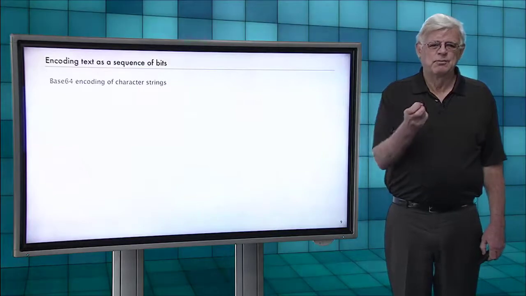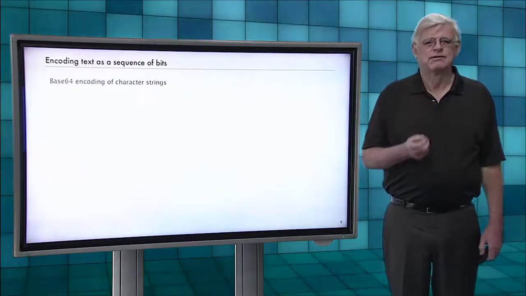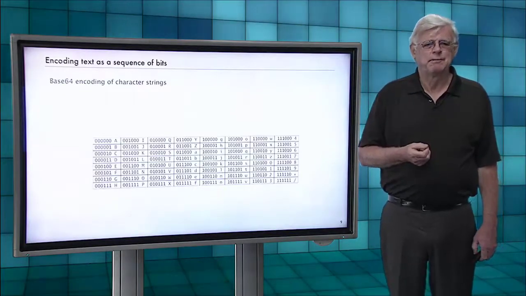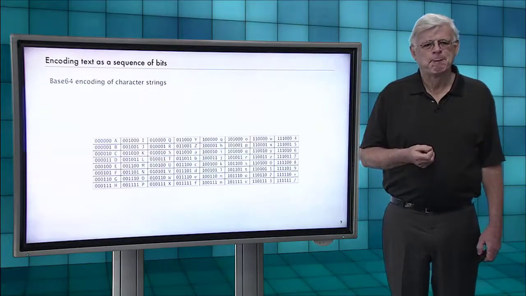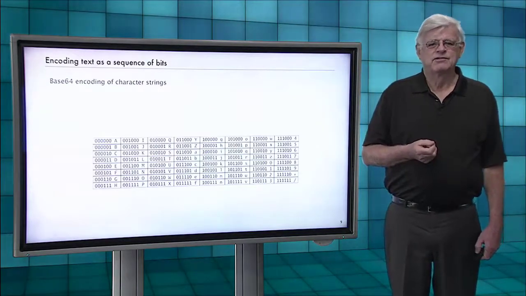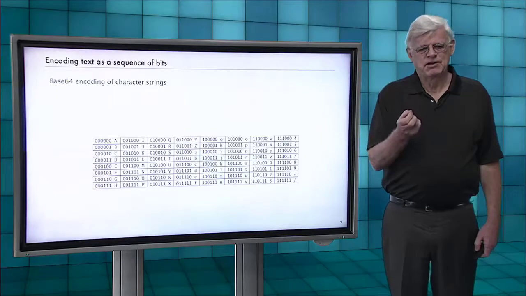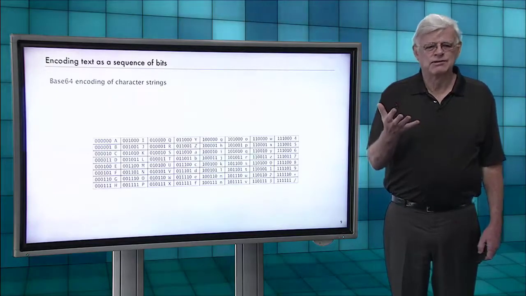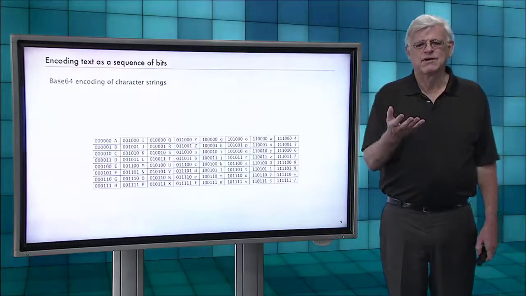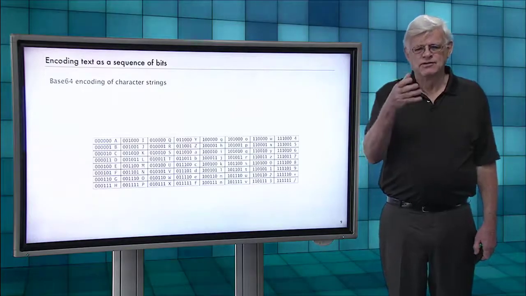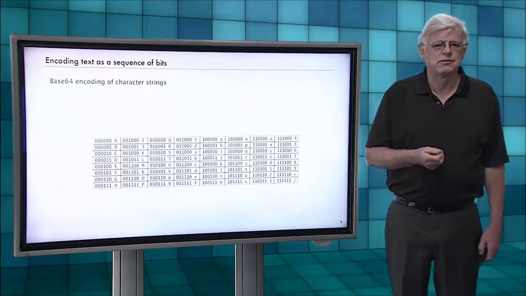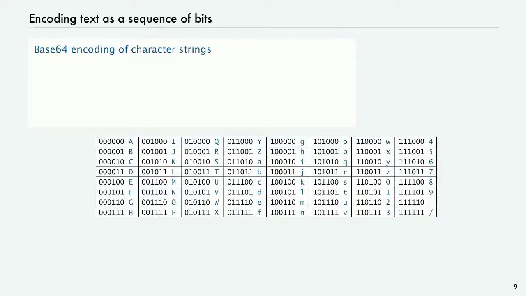So we're going to use a very simple code for this lecture just so we can do complete examples called the base 64 encoding. And what that does is provide us a way to represent the most commonly used characters, uppercase letters, lowercase letters, numbers, and a few punctuation symbols as sequences of bits.